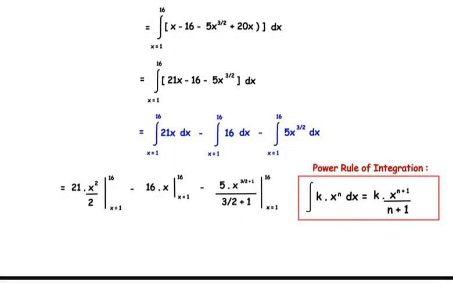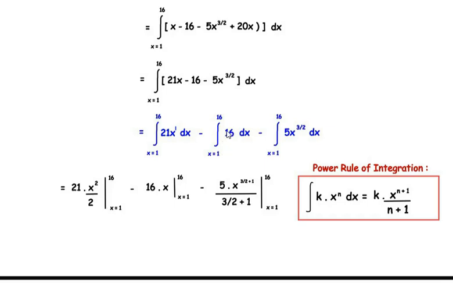So using this formula, let us integrate each of these terms, starting with the first term. So here we get integration of x equal to 1 till 16 of 21x. Now 21 is a constant, so we take it out according to this formula, times, now the power of x increases by 1. Now since the power of x here is 1, now it becomes 1 plus 1, which is 2, and the same power comes to the denominator, giving us 21 times x square over 2, and the limits are from x equal to 1 till 16.